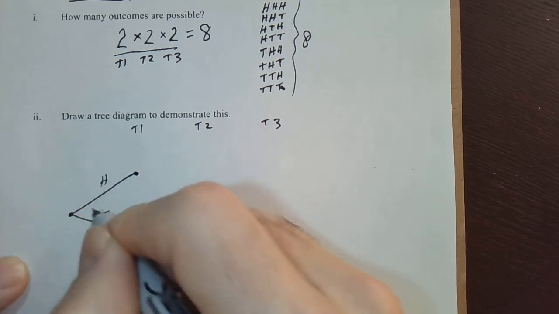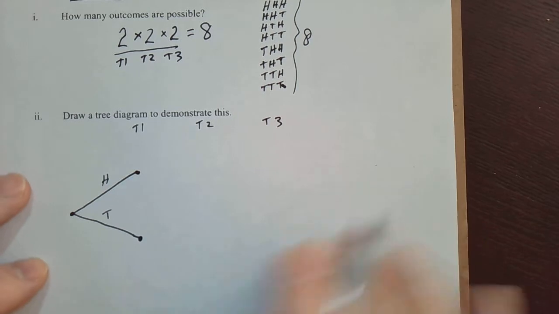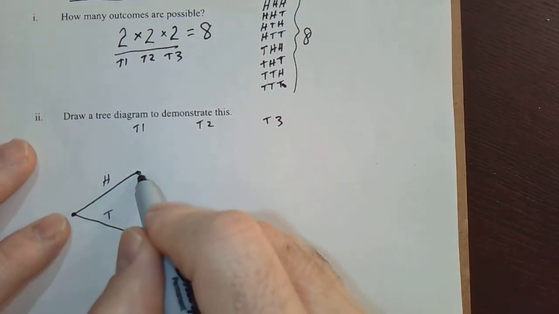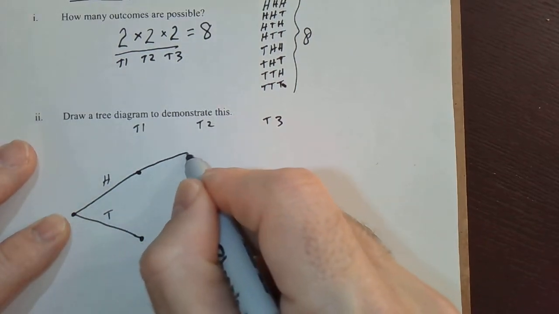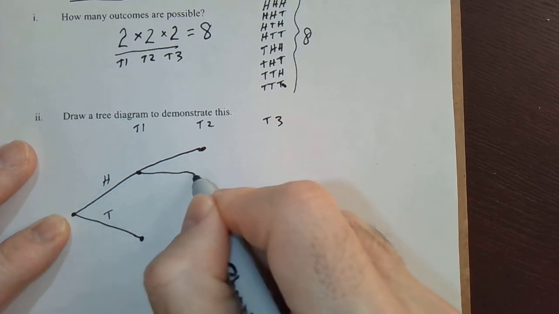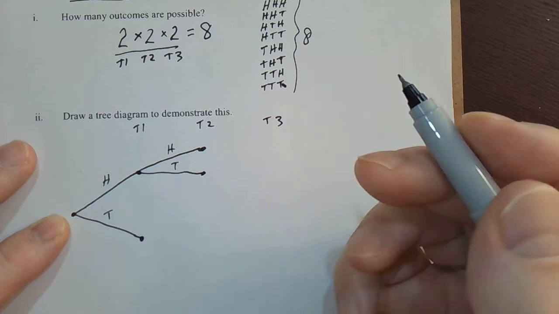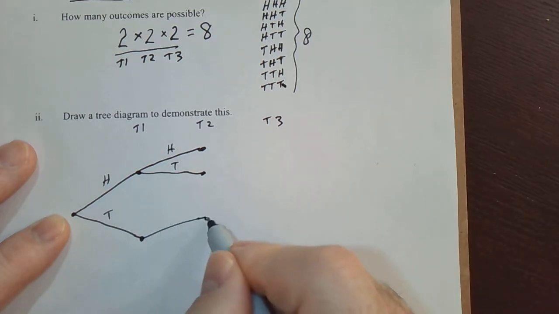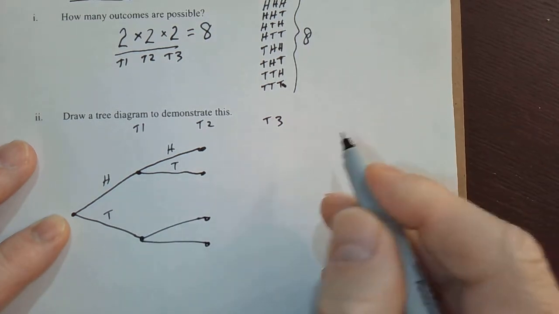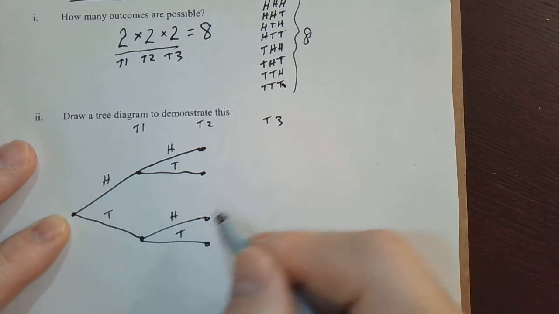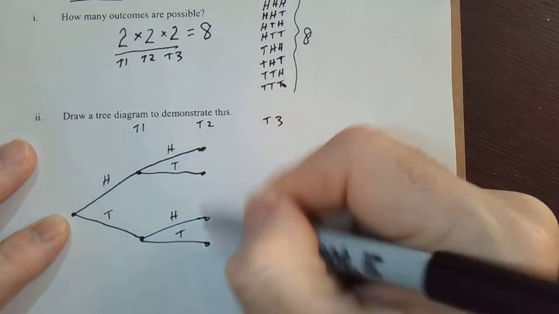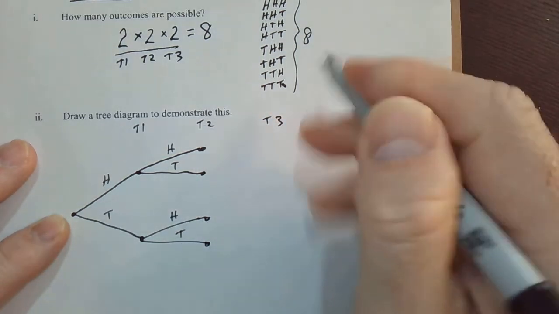Heads or tails for the first one. And then once you've received a heads for the first one, for the second one, you're either going to get another H or a T. Same for here. H or T. Now we've got 4 possibilities so far, but we got to flip one more coin.